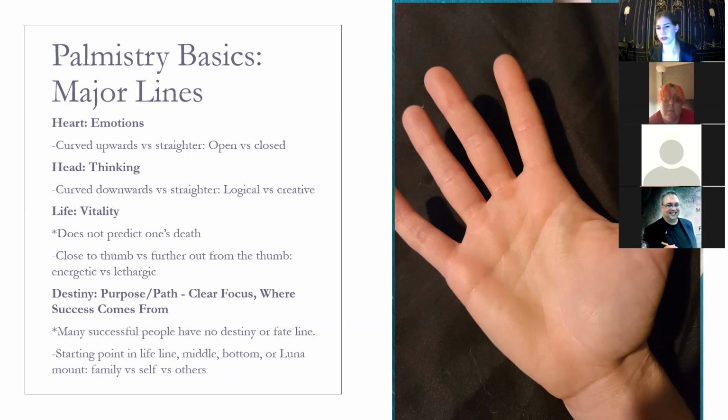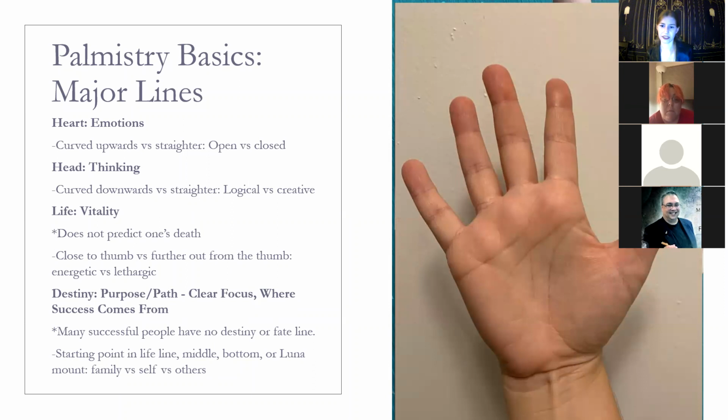You'll also see the lifeline is placed really far out from the thumb. This indicates a very energetic person with a lot of passion in life. It's quite a fortunate sign.